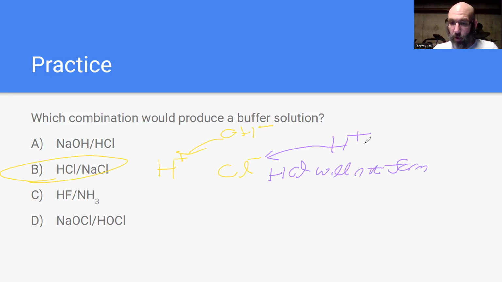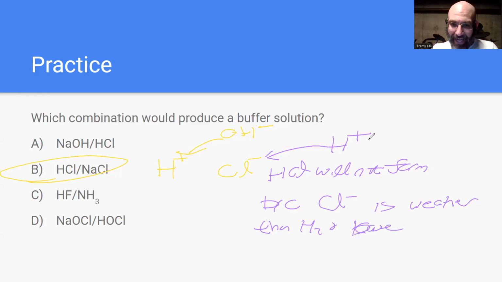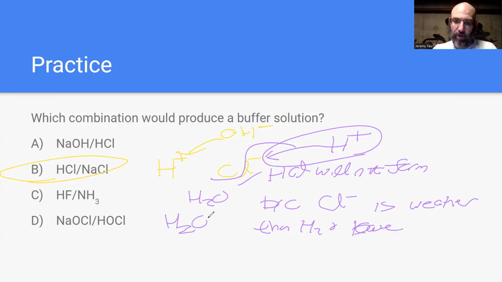And it doesn't form because Cl minus is a weaker base than water. So if you add H plus, who else is sitting in this solution? H2O. It's just going to react with the H2O and go from H2O to H3O plus, and there is nothing to stop this from doing its thing.